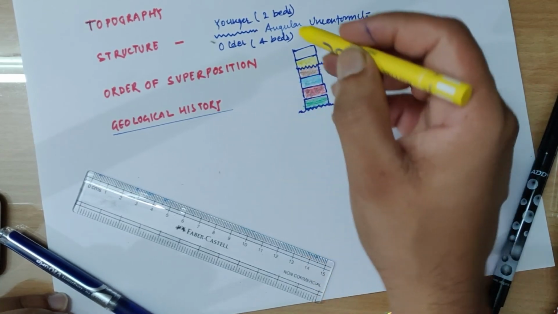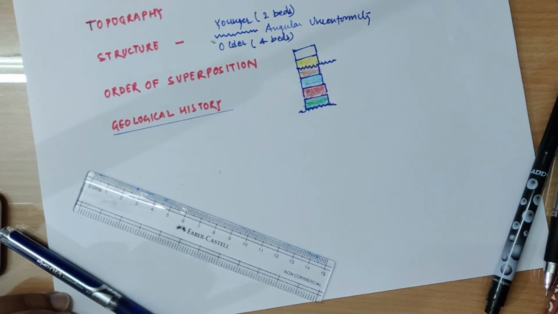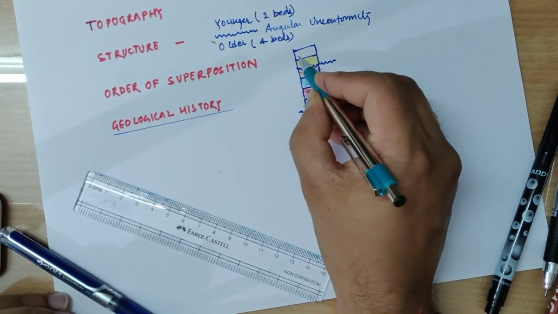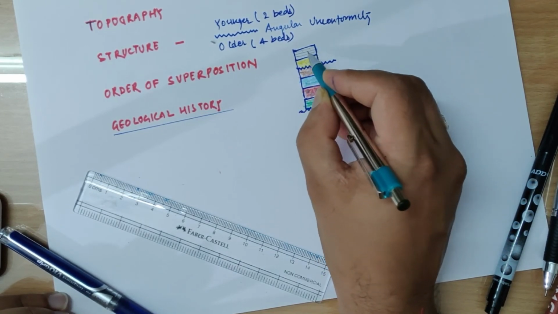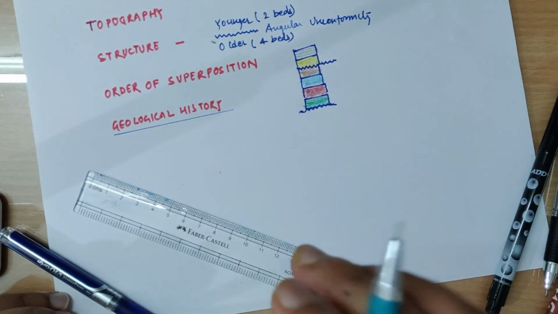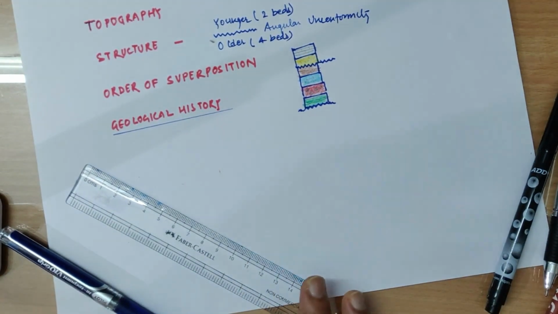And then finally we have the youngest bed in this particular area, that is our bed number 2. It is represented by this symbol. So this is our order of superposition.